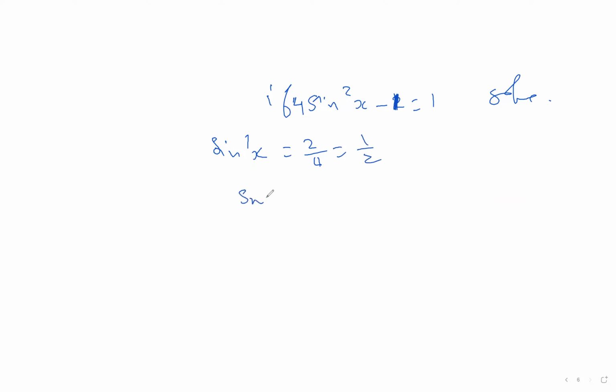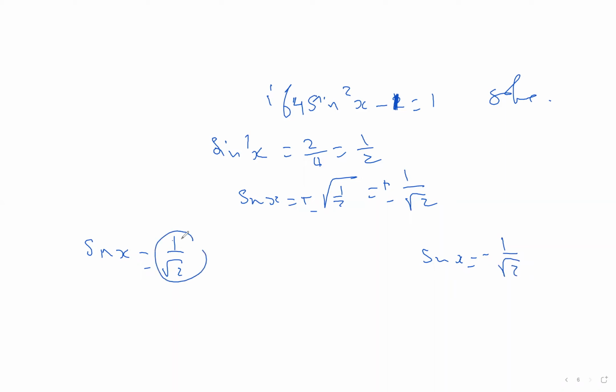So sine x equals positive or negative root of 1 over 2. It will be 1 over root 2, positive or negative. So sine x equals 1 over root 2 or sine x equals negative 1 over root 2.